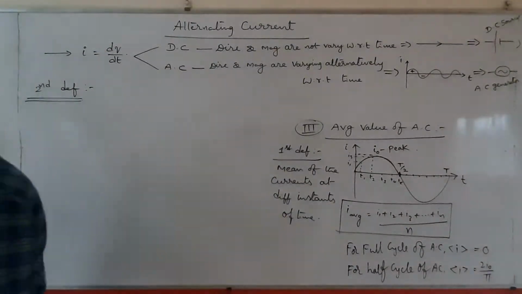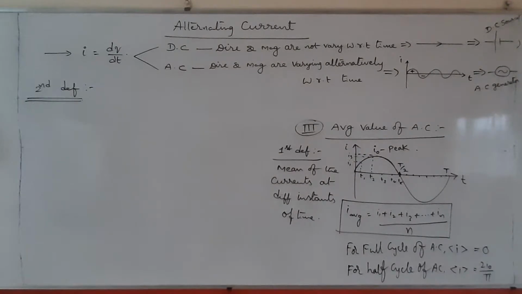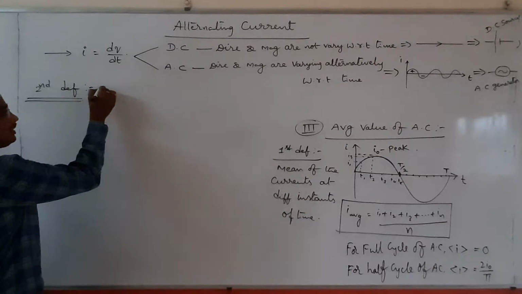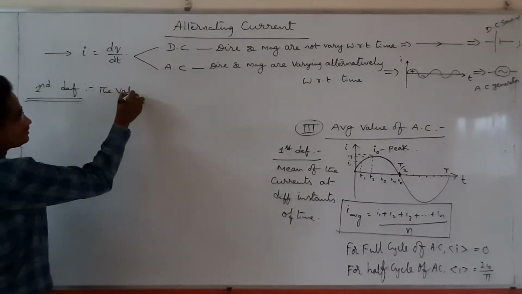For getting the average current, what is the other definition?